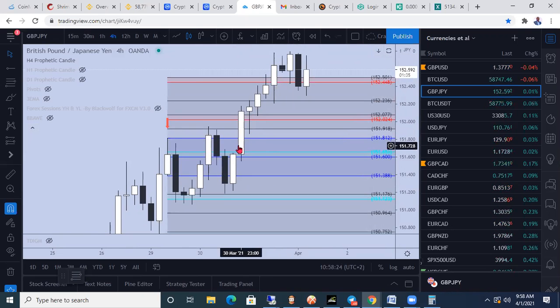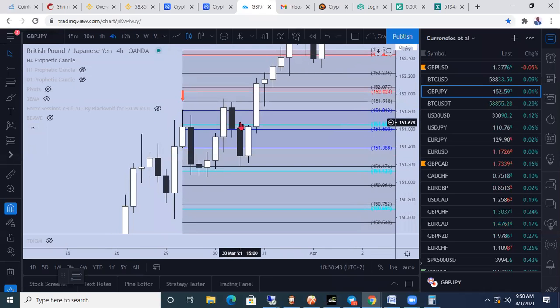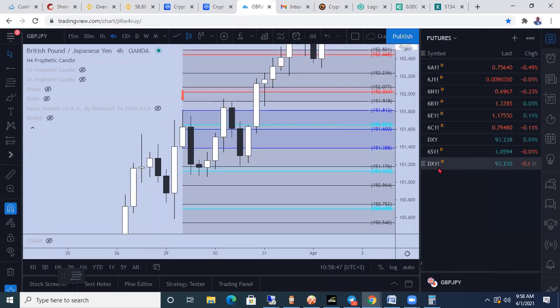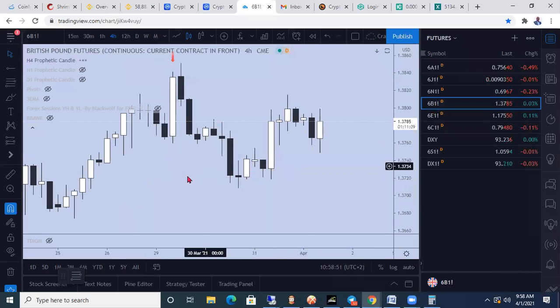If you know how to trade your break and retest of your roadmap, this was a break of A1, retest of A1 straight to A2. You might have been able to recover something, but let's go back and look at how we could have treated this. And I remember asking that question yesterday, just one person answered. If we had gone back to our futures here, let's go back to our futures, and let's call up GBP.